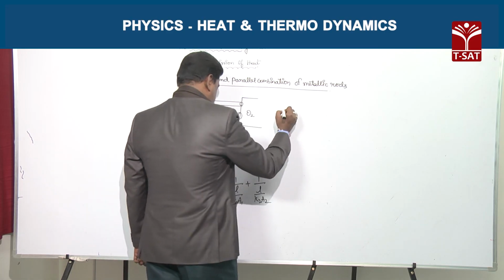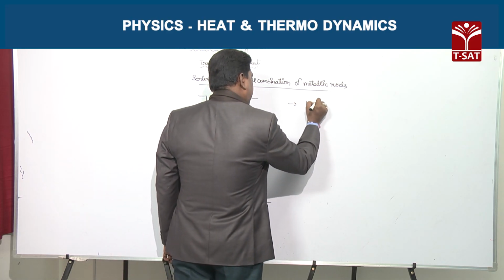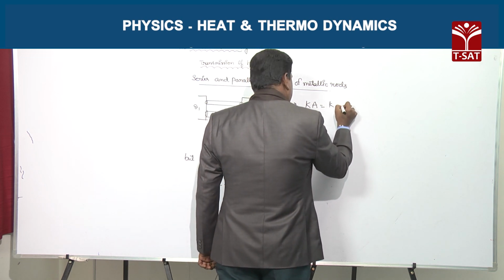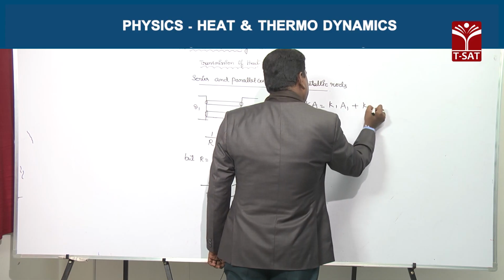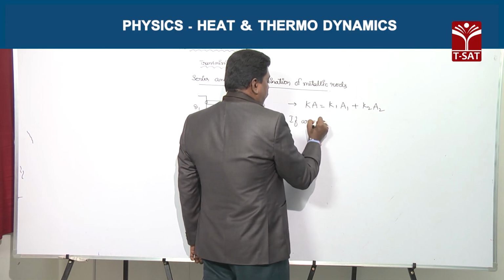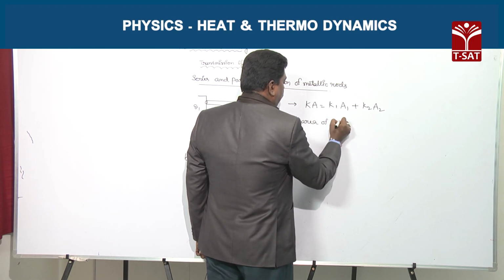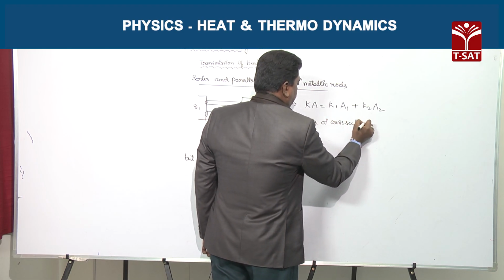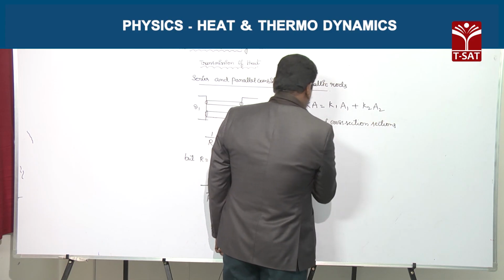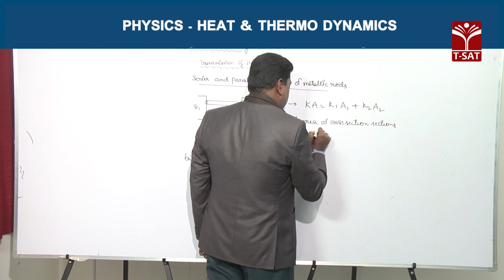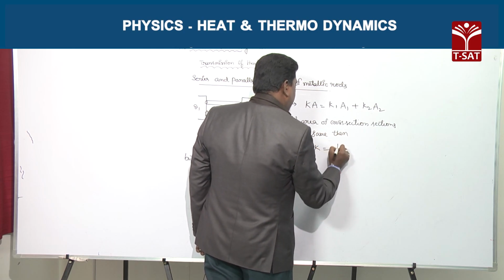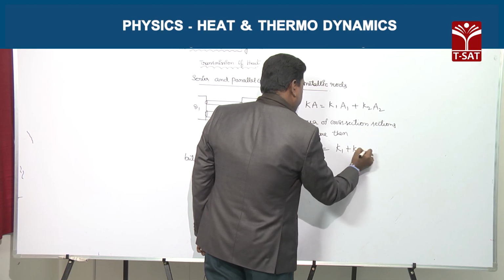We have got KA equals K1A1 plus K2A2. If the areas of cross section are the same, then K equals K1 plus K2.